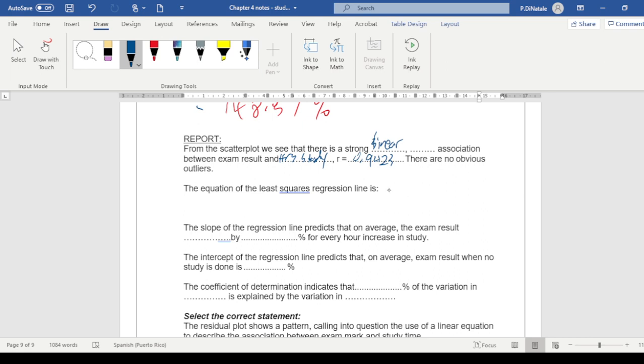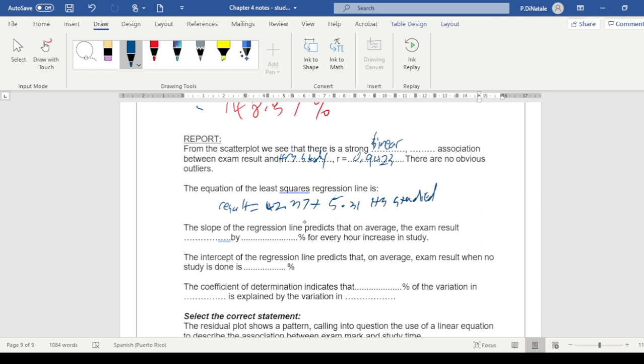The equation of the least squares regression line is, we worked it out, result equals 42.37 plus 5.31 hours studied. The slope of the regression line predicts that on average the exam result, this is the slope, is the 5.31.